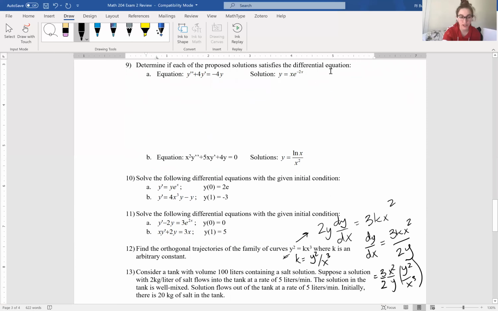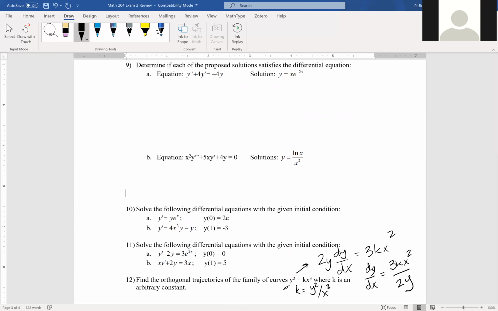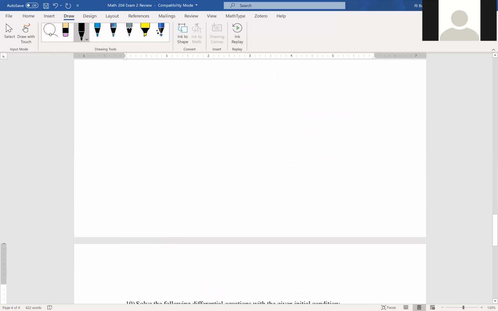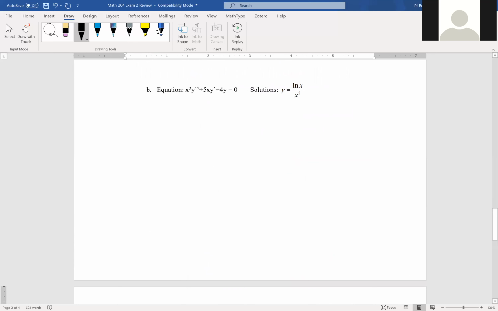You do B. I would rather see B. Okay. So we need double prime, prime, and then the original function.